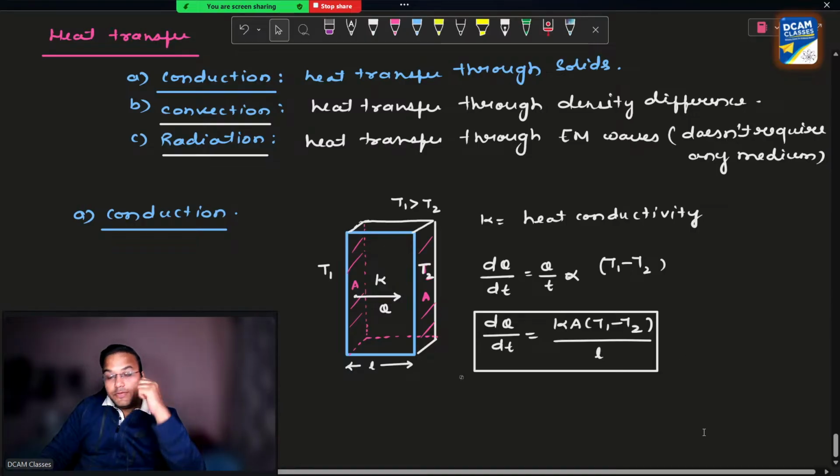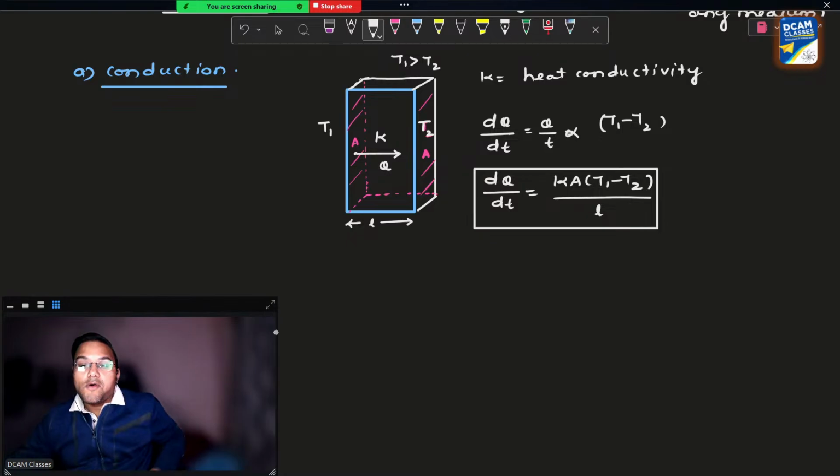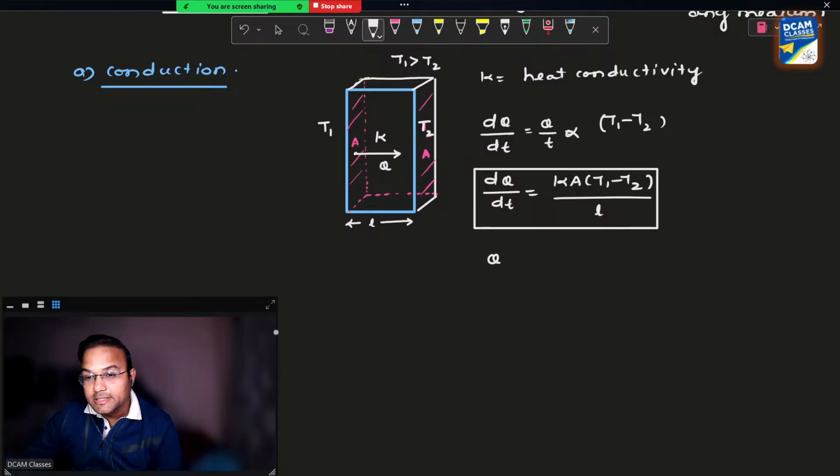Now when we are actually solving questions, we treat this Q or dQ as charge.